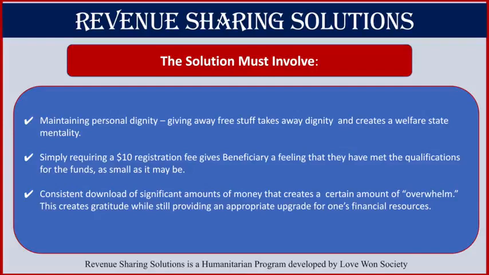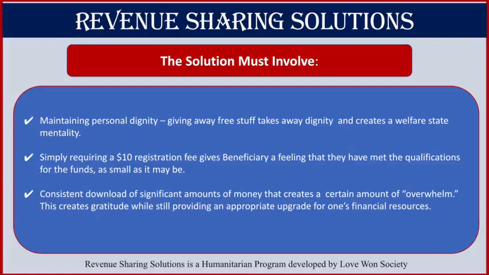Simply requiring a $10 registration fee gives a beneficiary a feeling that they have met the qualifications for the funds. As small as it may be, they are now qualified to receive these funds. That alone helps them maintain dignity. And there's all kinds of ways you can say that. This is money that was supposed to be given to you over a period of time by the old people that have stolen it from us.